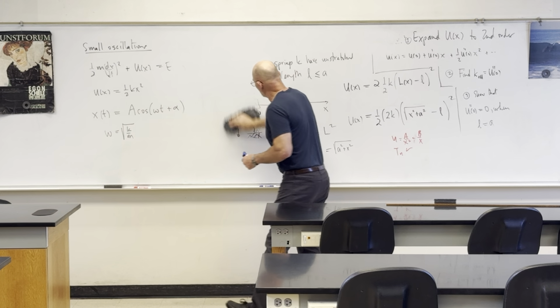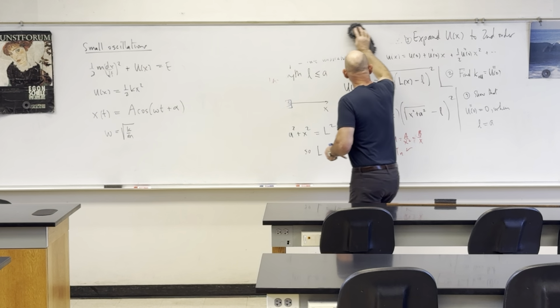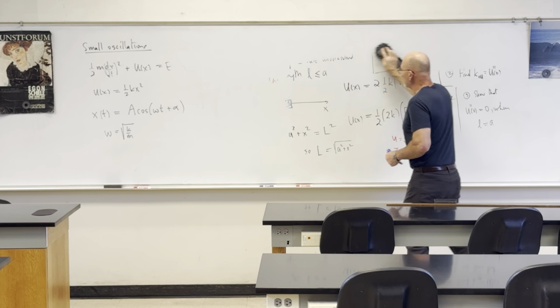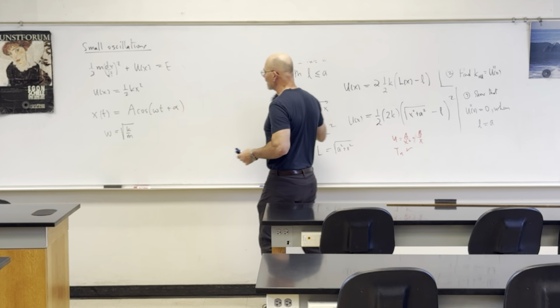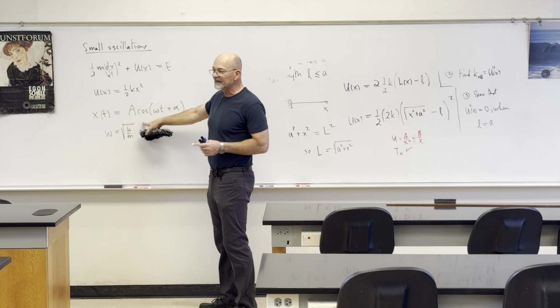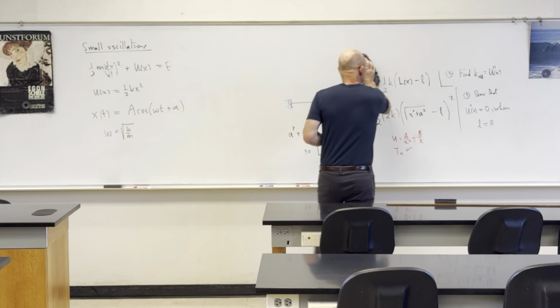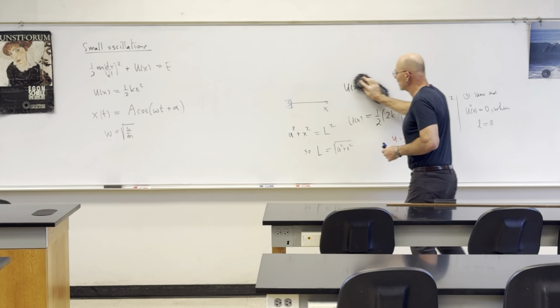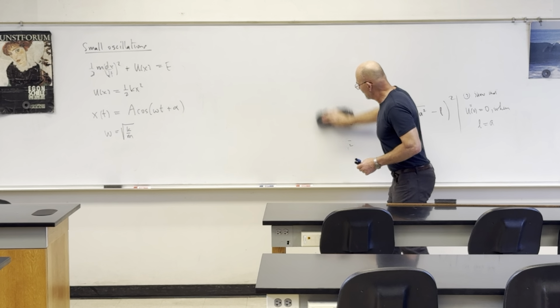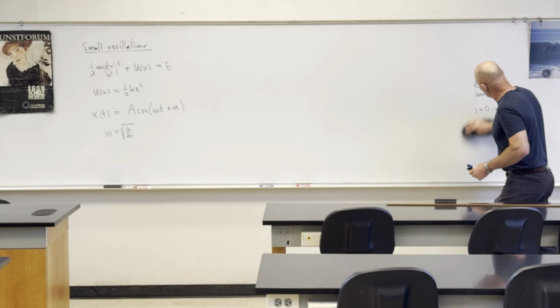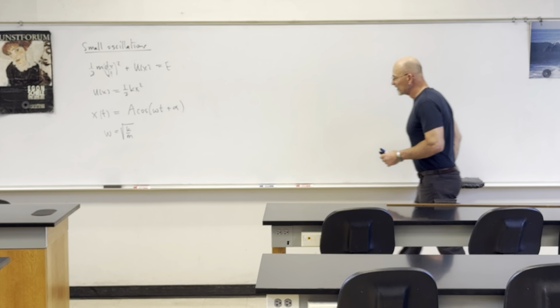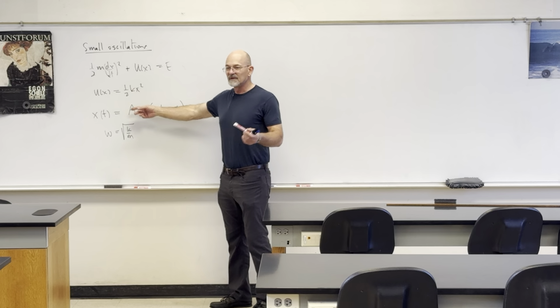Those are some good problems. And now what we're going to do, we've got some good physical insight on all this. Now we're just going to go back and study this thing and some of its properties. So the difference now is, we're just going to study this and assume these things.